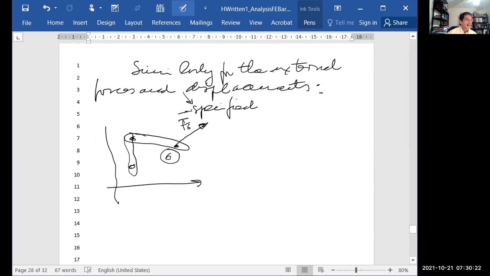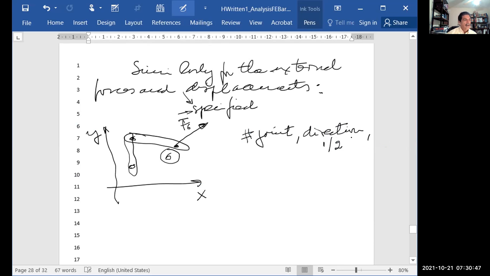But this is a vector. So you need to specify the number of the joint, and the direction. Of course, the direction is either 1 or 2. So 1 means x direction and 2 means y direction.